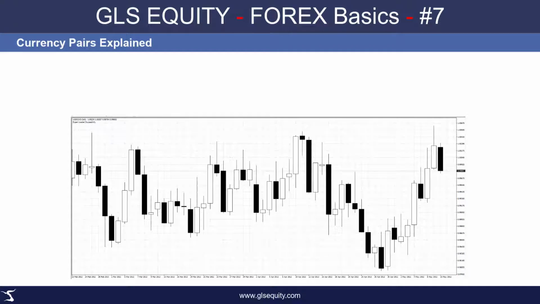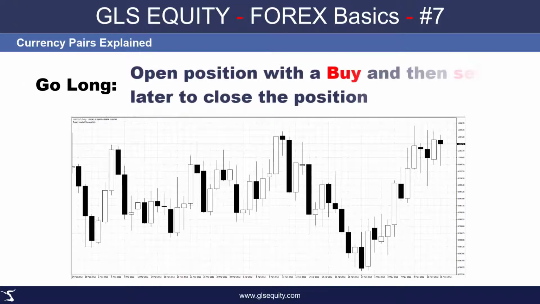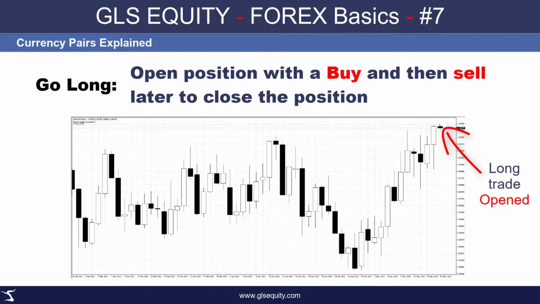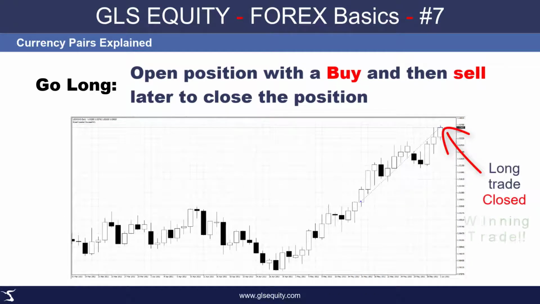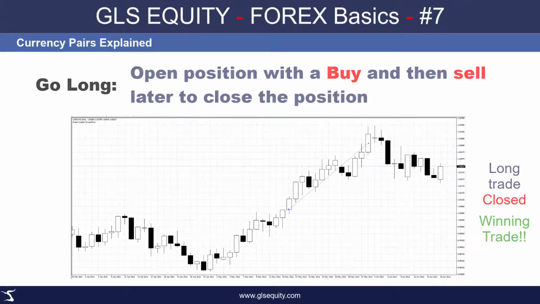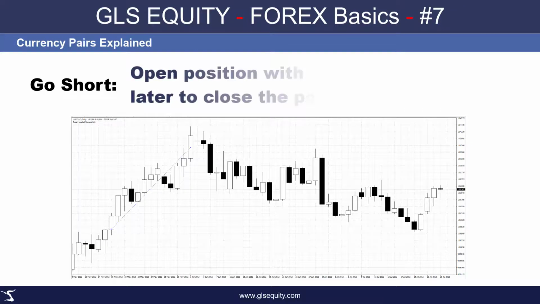With most financial markets these days, you can go long, buy first and then sell later, just as easy as you can go short, sell first and then buy back later.